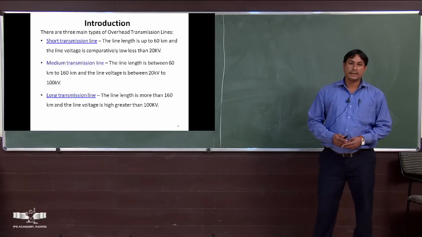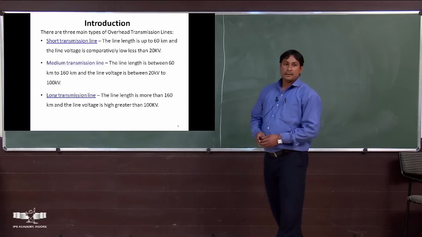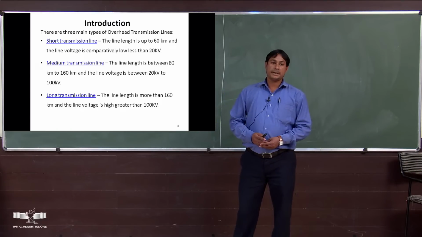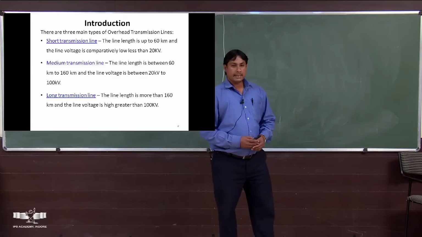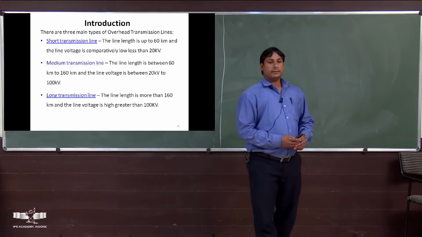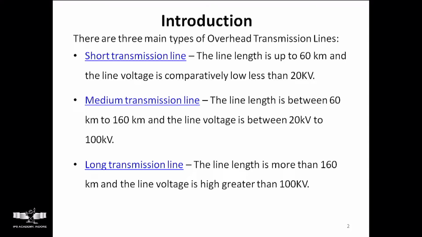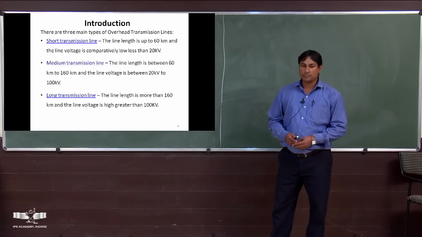The short transmission line has a length up to 60 kilometers and a comparatively low voltage, less than 20 kilovolts. The second is the medium transmission line, with a length of 60 to 160 kilometers and a line voltage range of 20 to 100 kilovolts.